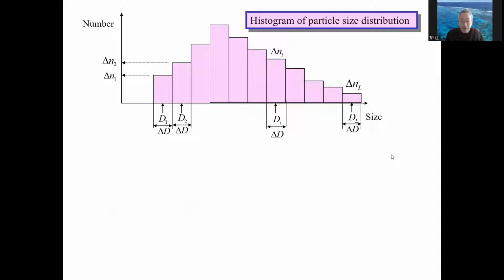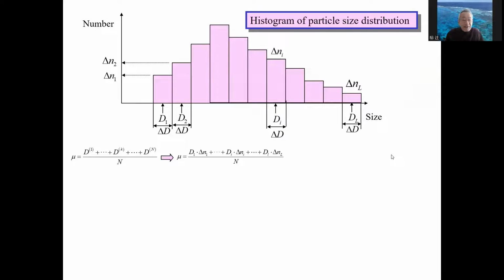In this page and the next page, I will explain how the size distribution histogram developed into probability density and probability density function. The horizontal axis represents the particle size, and the vertical axis represents the number of particles. The familiar definition of mean size is shown again.